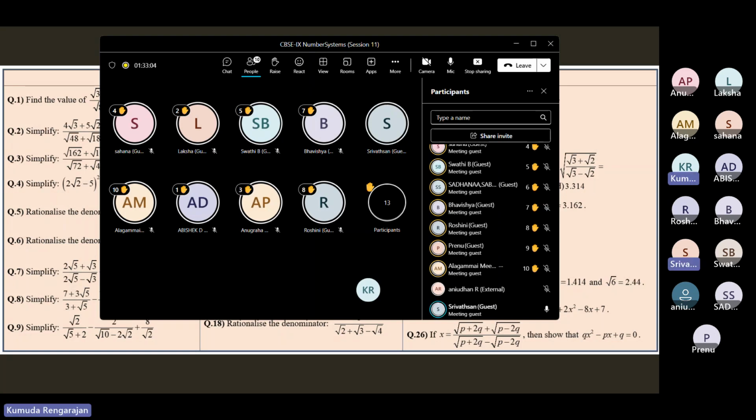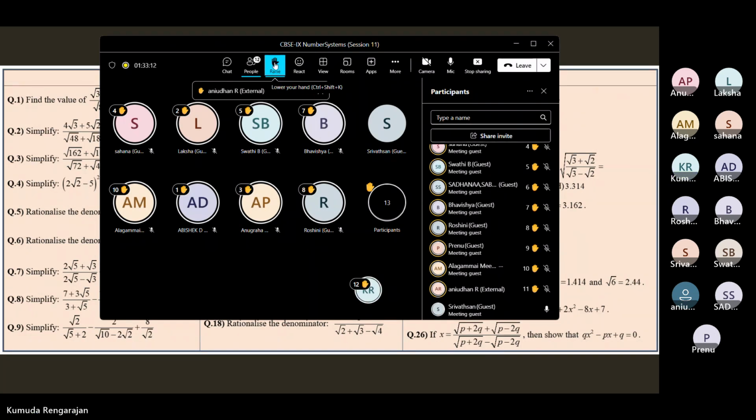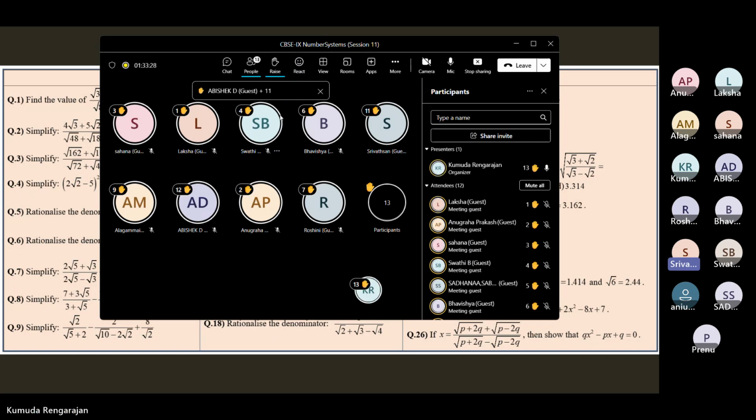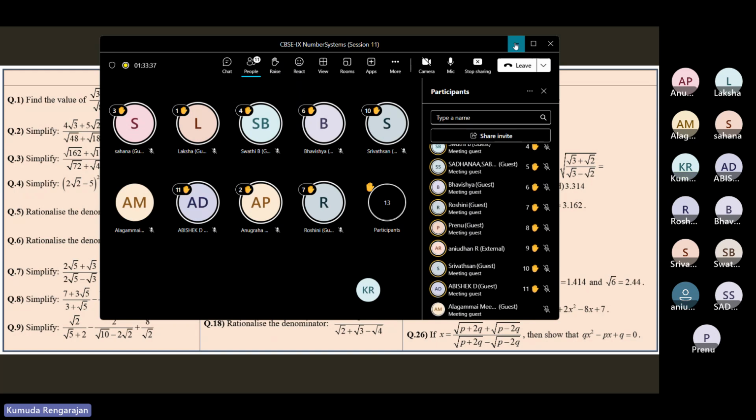See, I'm showing it here on my screen. So you can see I've raised my hand. Can you see that, Srivatsan? If you want to lower your hand, tap on the same thing to lower. Okay, very good.